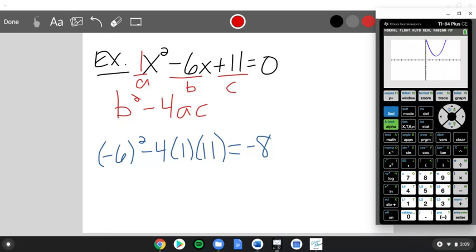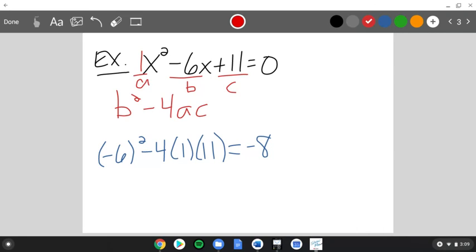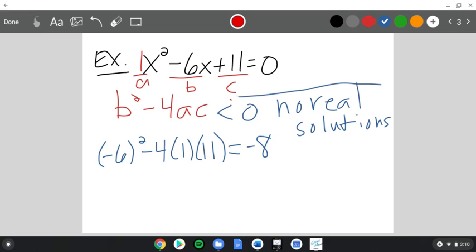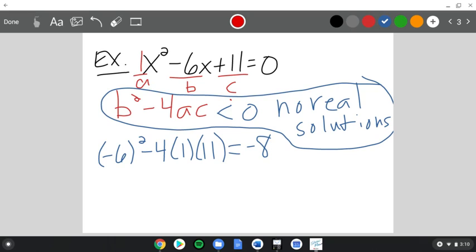My discriminant came out negative, and there were no real solutions. So that will always happen. If your discriminant is less than 0, which means it's negative, then you know your parabola is never crossing the x-axis and there are no real solutions. There are imaginary solutions, which is an Algebra 2 concept that you'll get to.